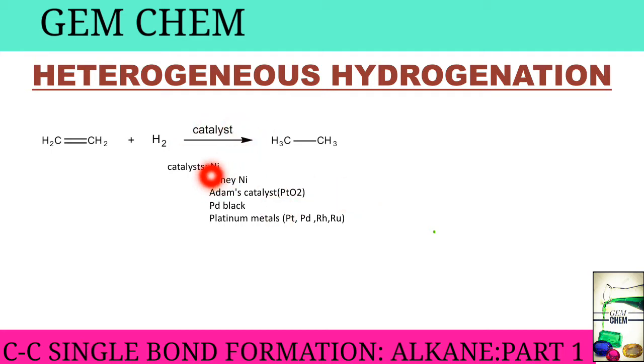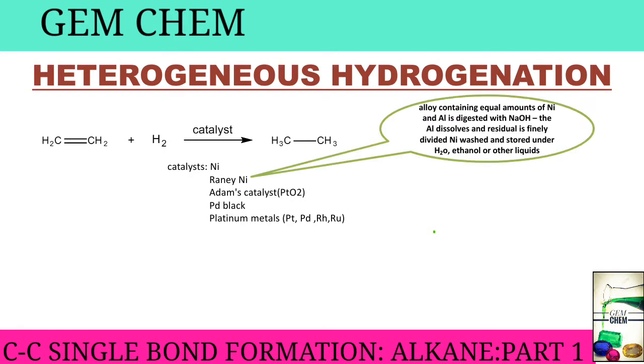First catalyst is nickel. This is the most primitive one, but after some time this nickel was discarded and we started using Raney nickel. Now how is Raney nickel prepared? Raney nickel is basically an alloy containing equal amounts of nickel and aluminium digested with NaOH.